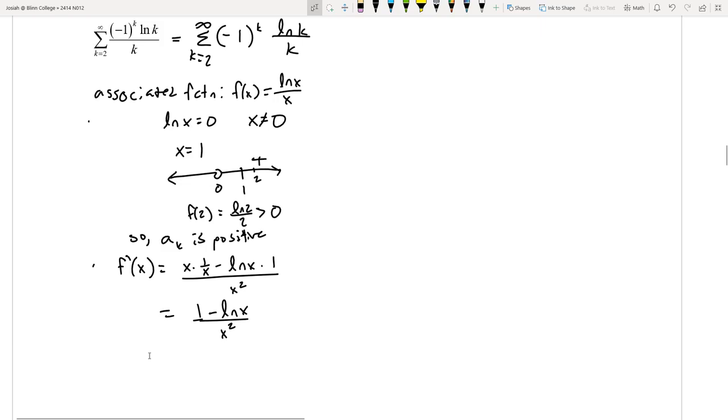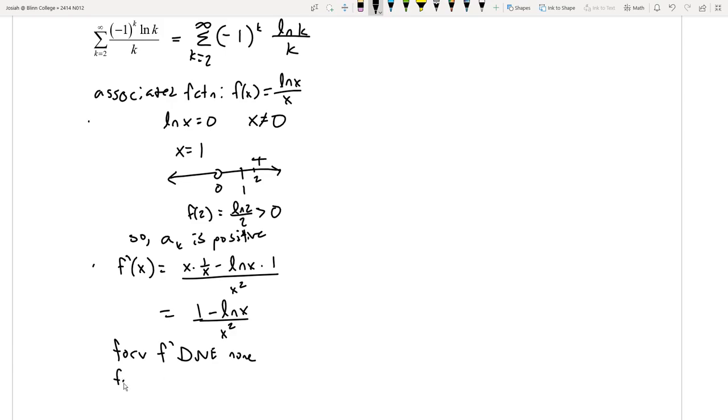So we'll go ahead and find then our critical values here and do some sign testing. So we start with first order critical values where f prime does not exist. And we can see that the only place that would happen is where the denominator is 0, which is actually not in our domain from our original function anyway, so we say none.